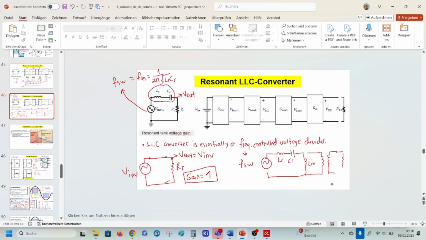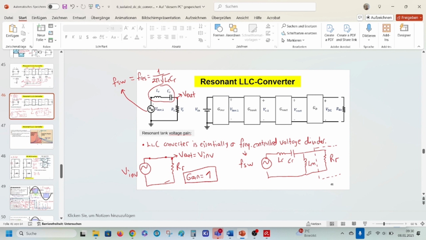And maybe just write reflected resistance, and this would be our magnetizing inductance.